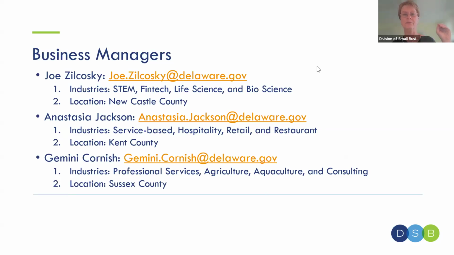If your business does not fall within any of these industries, then pick which county you fall within. I will let you know that currently Joe Zolkowski is on vacation, but he has left an out of office message to direct people with questions on what to do and who will help cover him while he is out.